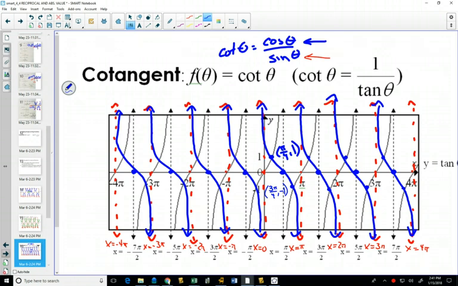Again, if you just have the 1 and have the correct shape, that would be enough.